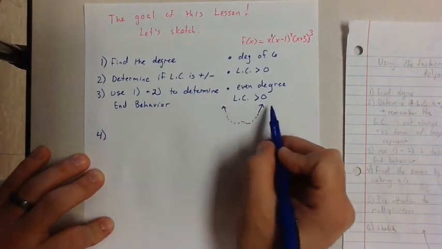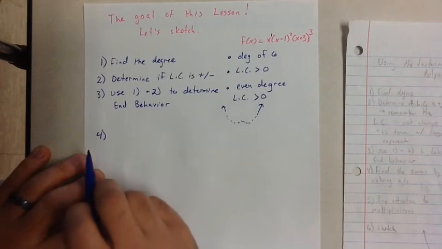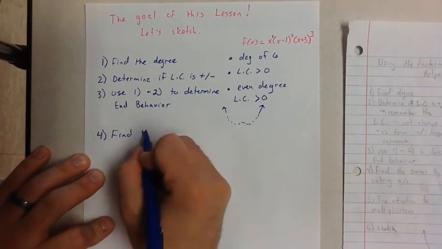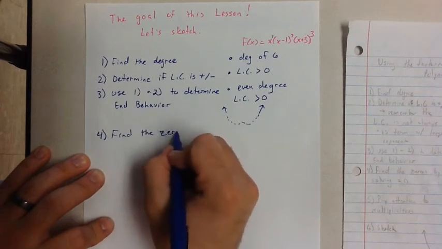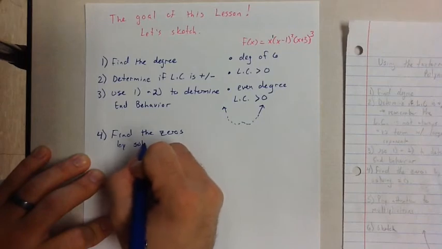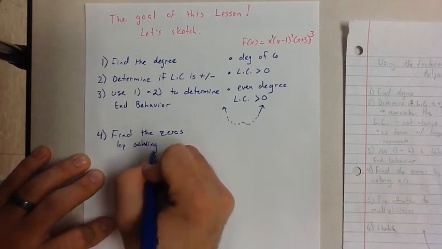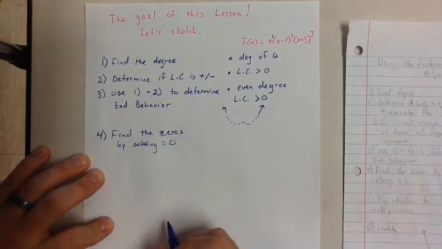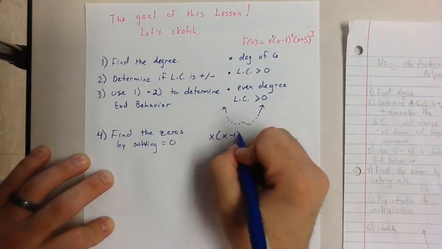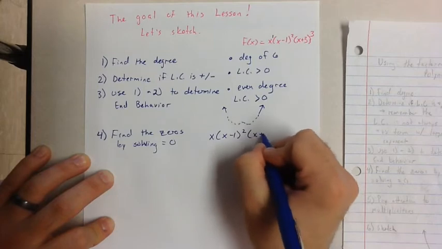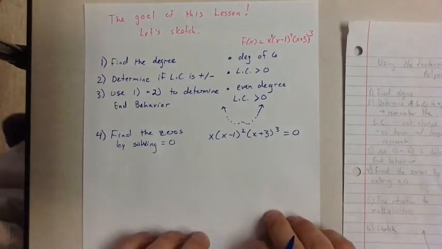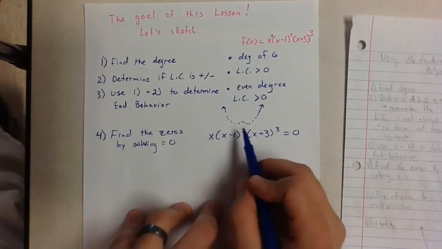So after that, now that we know what the ends of our graph look like, we want to find the zeros by solving for 0. So we have our factored form: x minus 1 squared, x plus 3 cubed. And we don't need to multiply any of this out.